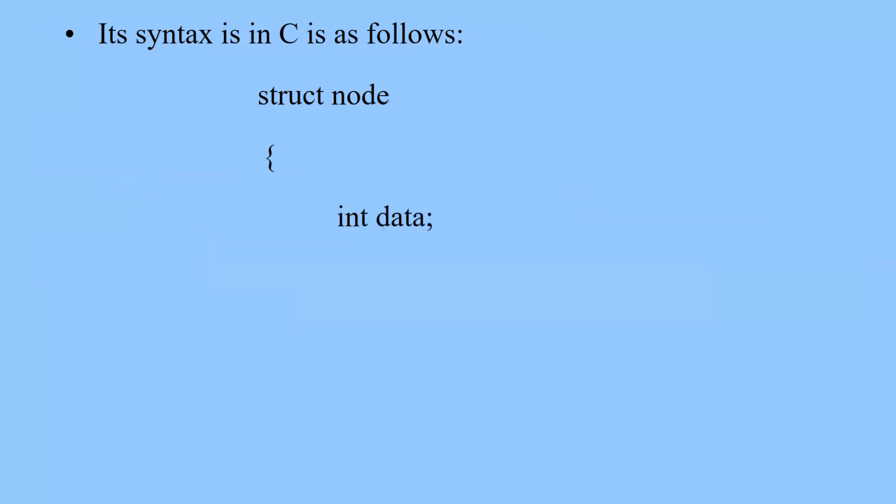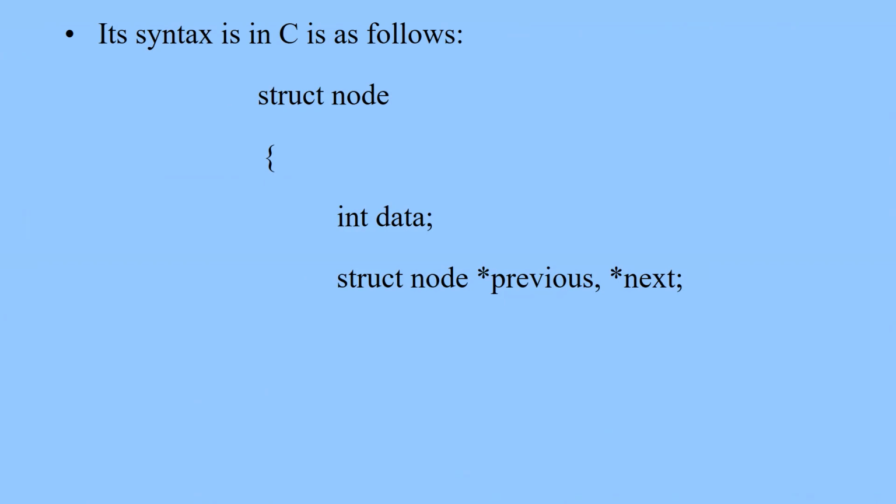This struct contains one member called data of type integer, another member called previous, which is a pointer to the previous node, and another member called next, which is a pointer to the memory location occupied by the next node.